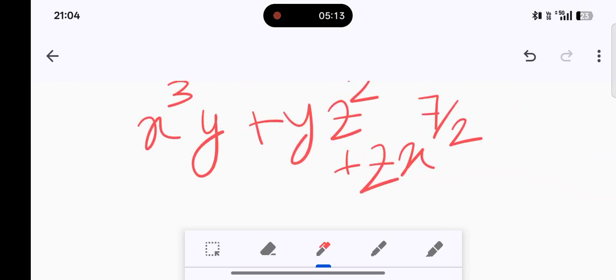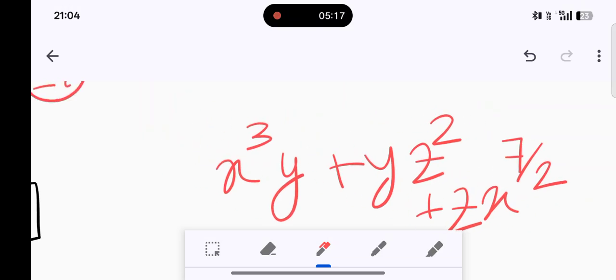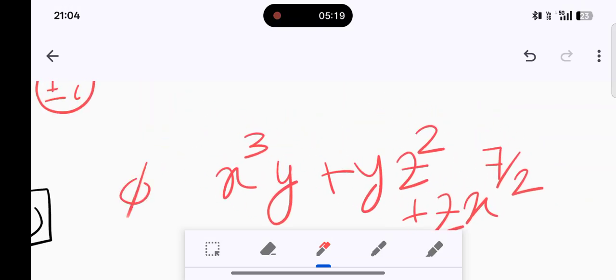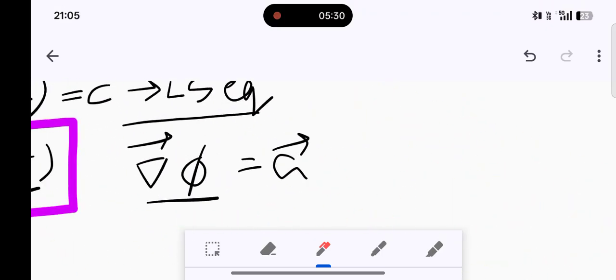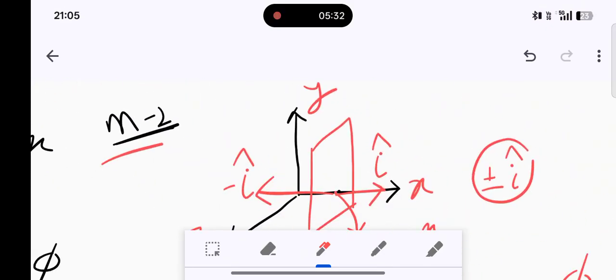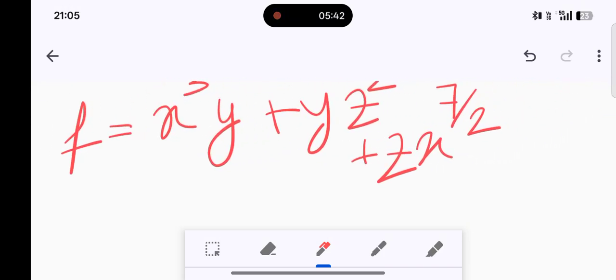So if this is the equation, how can we proceed? Let's say phi is equal to this. Point to be noted, there is no constant. That means the examiner is giving you the phi, not f. Even if it is f, we are giving you the phi actually, because there is no constant.